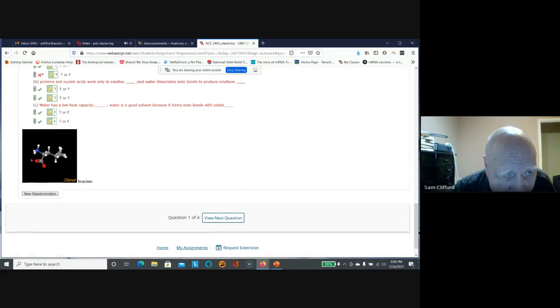So if we look here, and we look at this molecule, each one of these little sticks represents a covalent single bond. So each one of these little sticks is a covalent bond where this carbon is joined to this carbon right here. These are hydrogens.